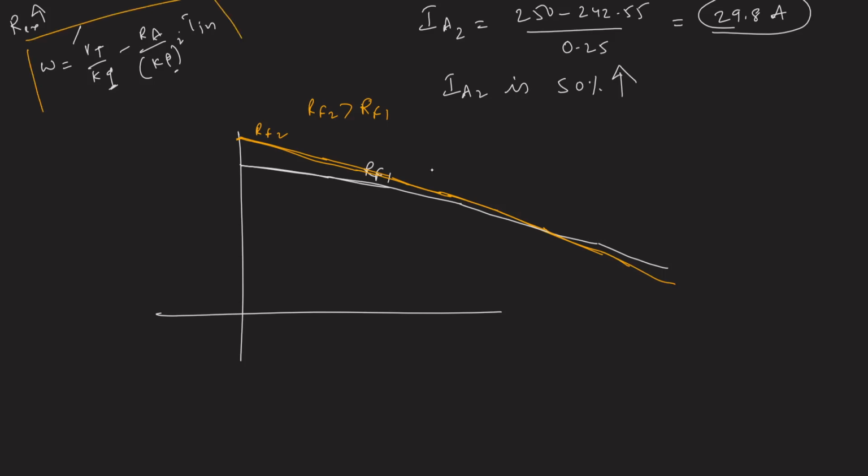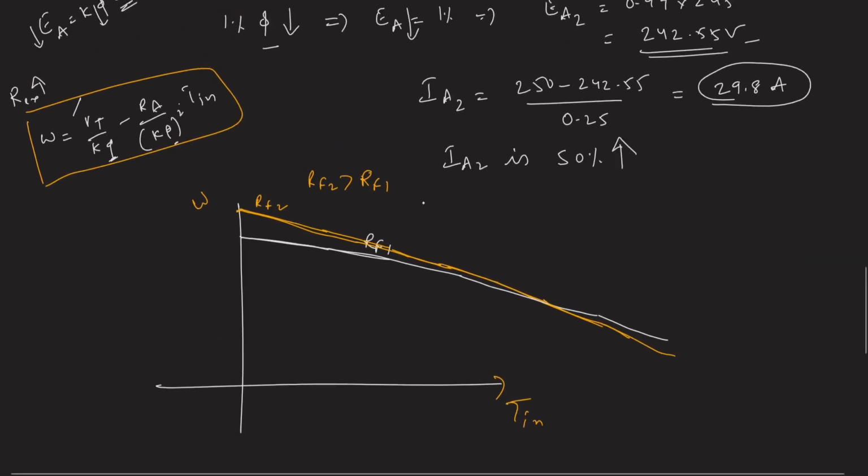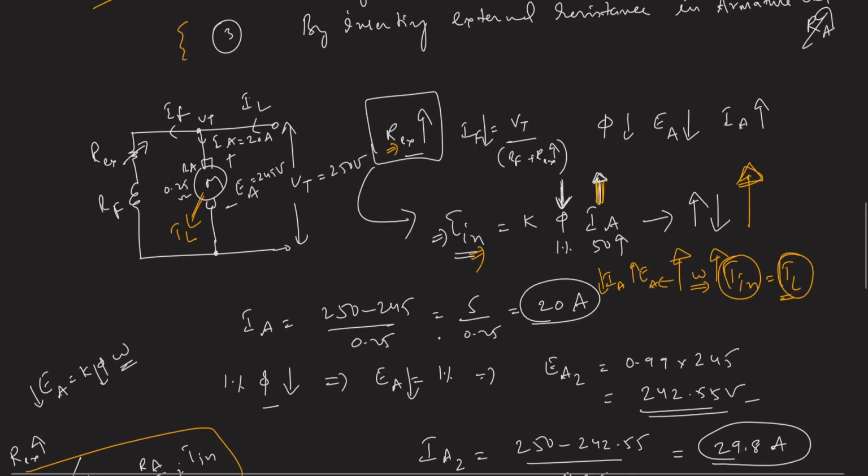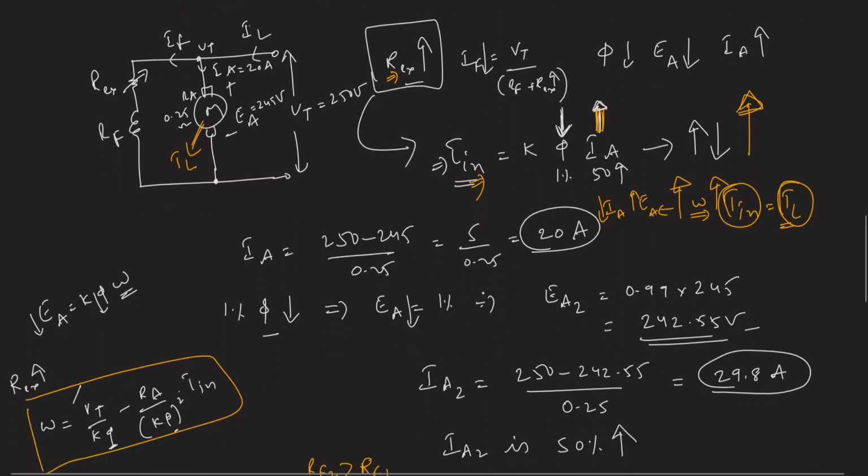So the equation itself clearly explains, with the reduction in flux, how the operating points change on the speed versus torque induced graph. These are all the reasoning for what happens in the machine and how all the other parameters vary.